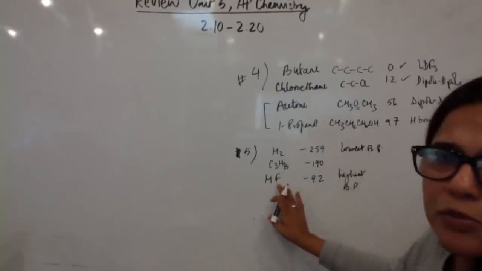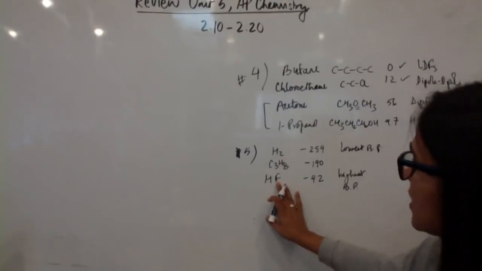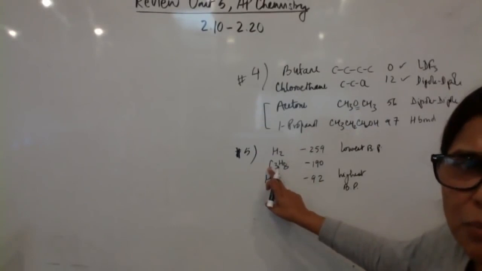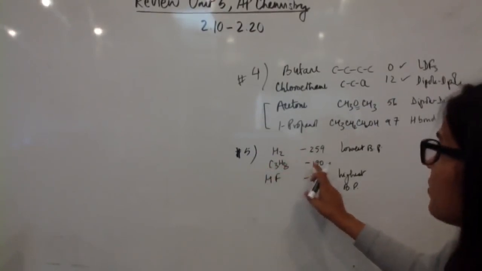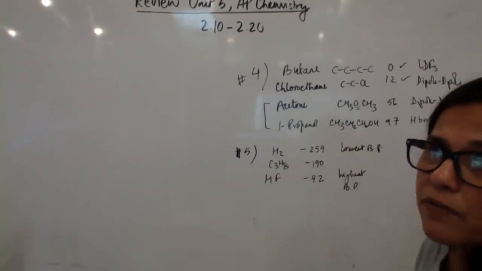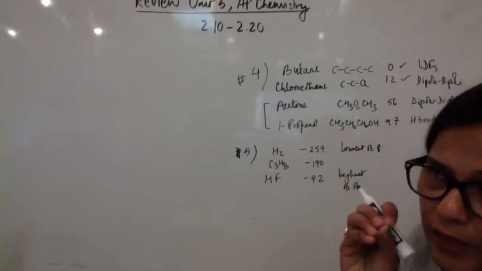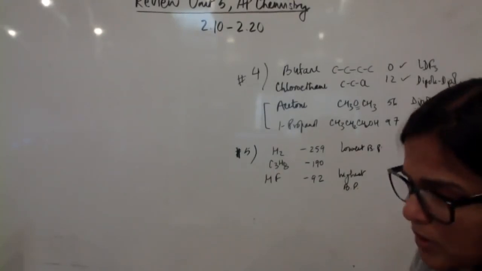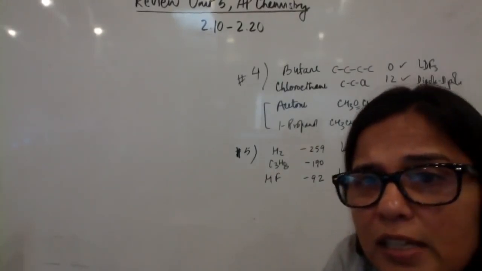If you look at it, it makes sense, this is hydrogen bonded. Both of these are LDFs, but this is a longer chain compound. Hence, its boiling point is much higher than hydrogen, which is just a very small molecule with very little electron cloud distortion, and less London dispersion forces. Shravya, did you get it?